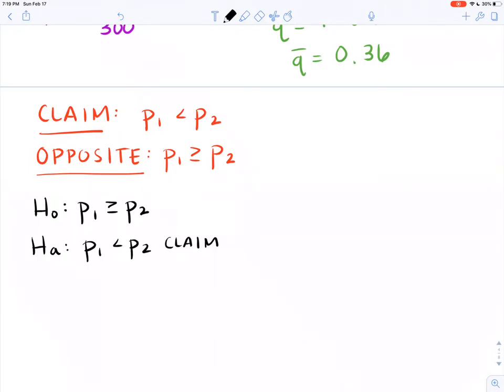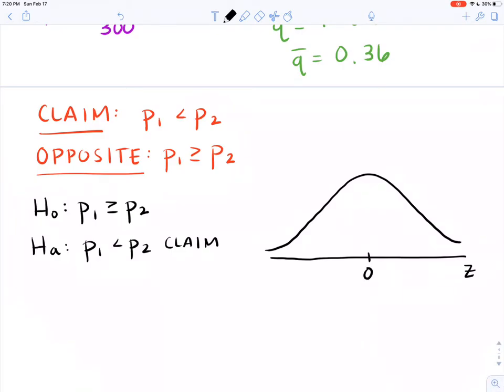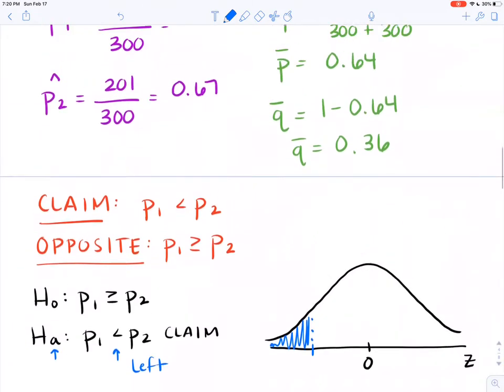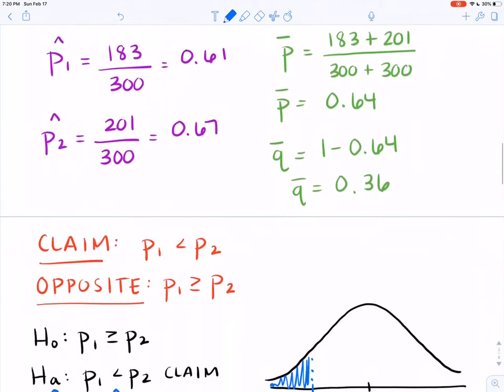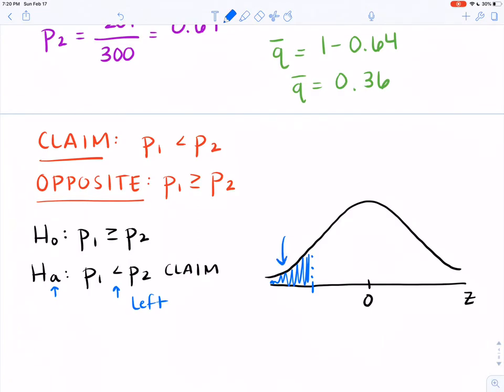Now, my next step is going to be to get my rejection region, my critical value. I'm using the standard normal distribution here. I look back at the initial setup. I see that HA contains less than, and that lets me know this is a left-tailed test. So I'm going to shade my rejection region in the left tail of the curve, and then I'm going to use my level of significance as the area of that shaded rejection region.